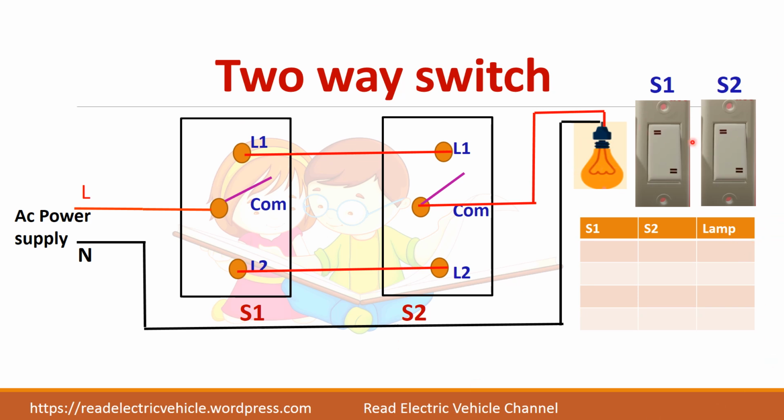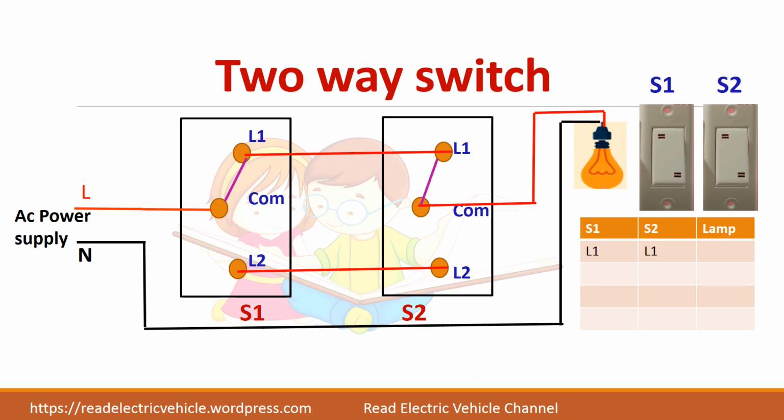Now you see the position of these switches. They are in this position, both in the same position. Let us take the upper one as the L1 position. So when both the switches are in the L1 position, let me connect it like this. This one is connected to the L1 position. Here also we have kept it in the L1 position.